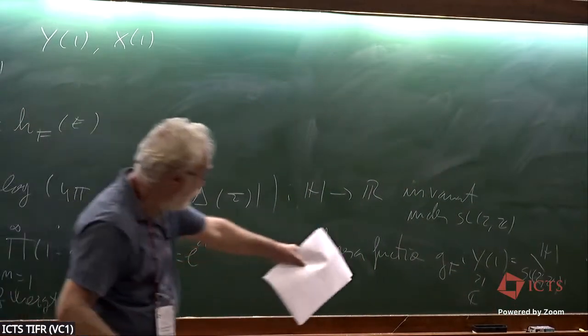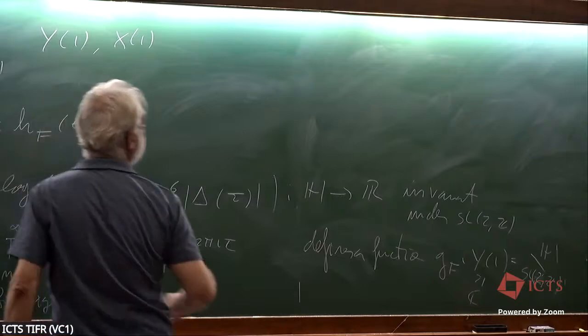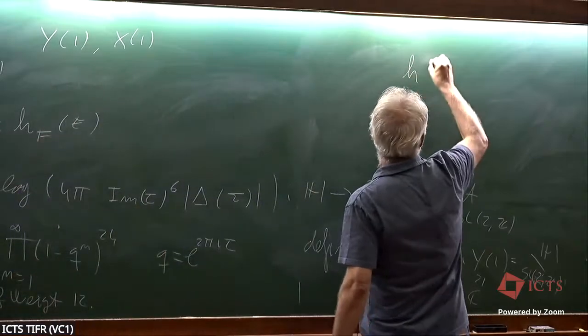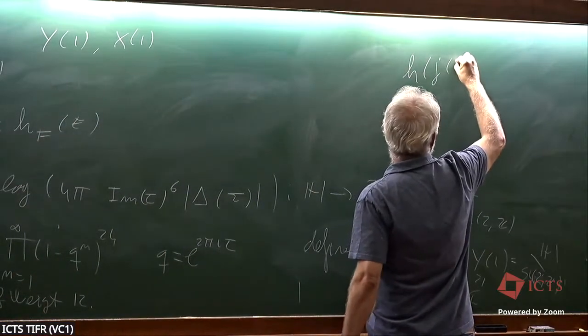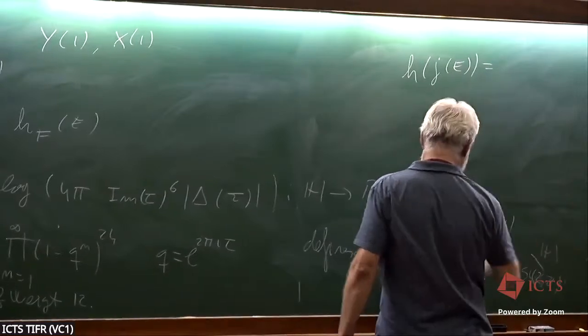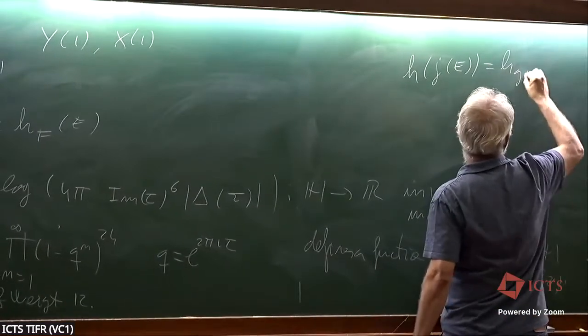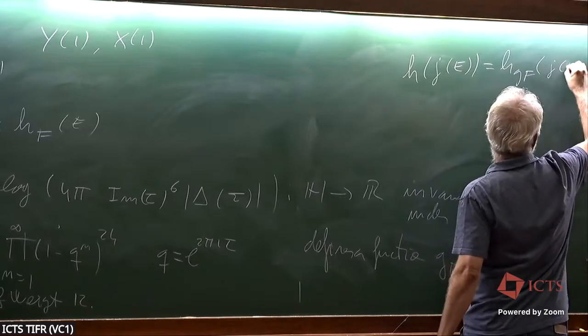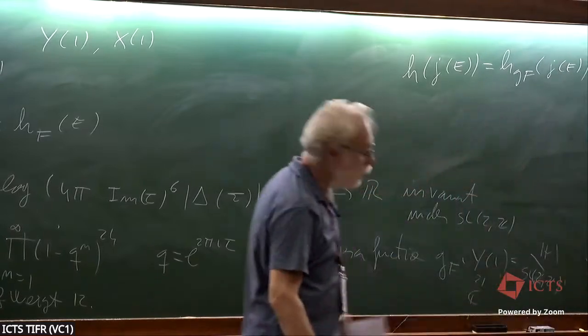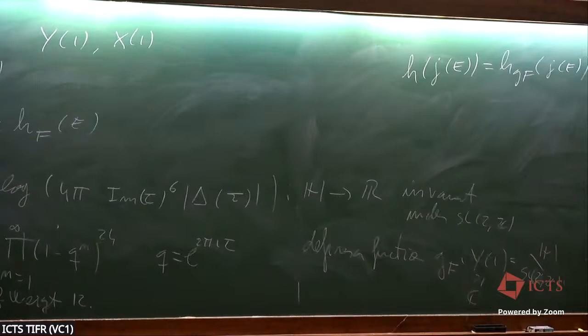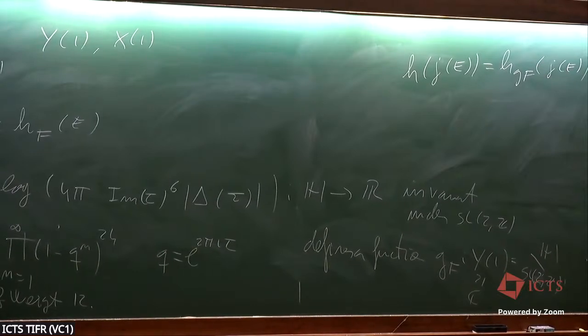Okay, then this Faltings height is exactly h of j of E, which is just the same as the height h_{G_F} of j. So this concrete modular form gives me a concrete function whose associated height is exactly the Faltings height of the modular curve.